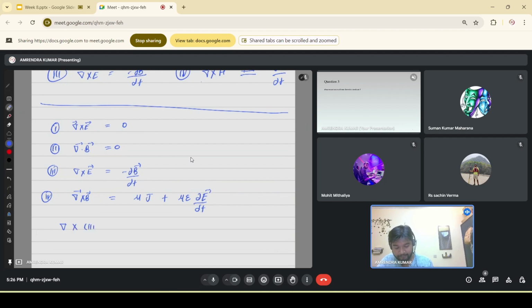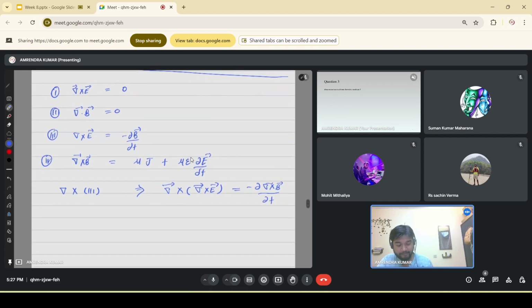So the curl of this third equation will be something like del of curl of E and minus del curl of B over del T. So you can write this as del dot E, sorry, it's not dot. And you can write it like this, del square E, using curl identities of a vector. And this can be minus del cross B. But let's leave it for a moment like this.